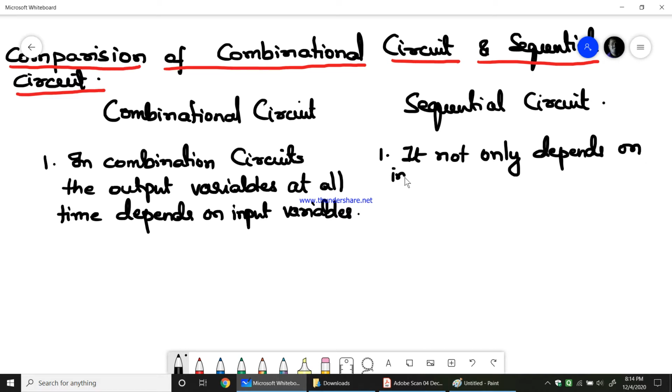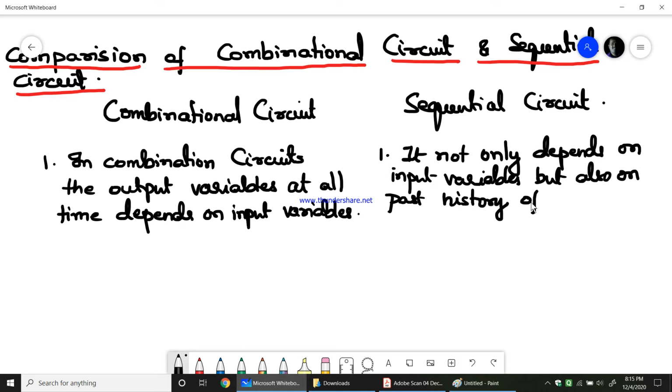That is nothing but the present state and next state, which I described earlier. So this is the sequential circuit.